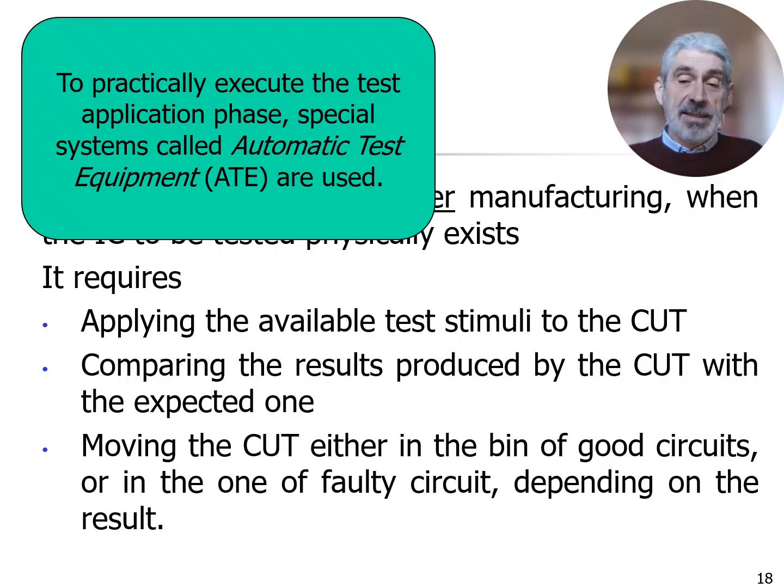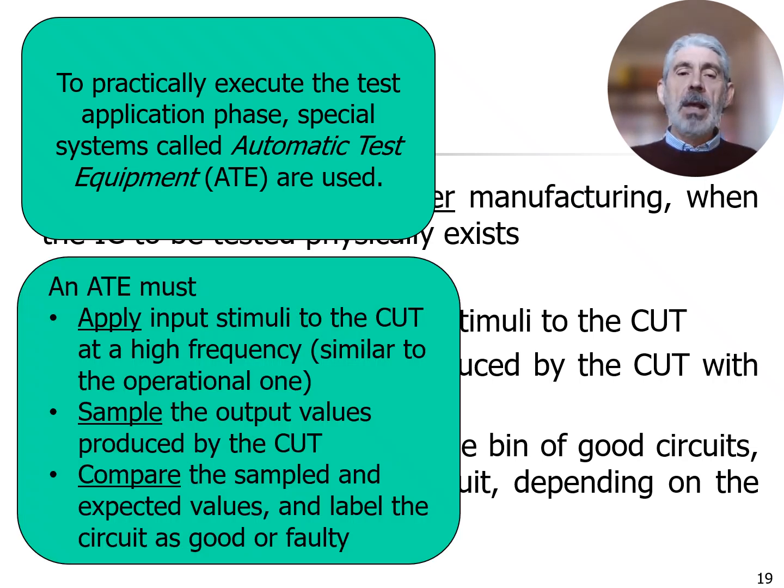The tester is also in charge of comparing the observed outputs with the expected ones and checking whether they match. To summarize, the ATE should apply the stimuli, sample the output values produced by the circuit under test, and compare the sampled and the expected values.